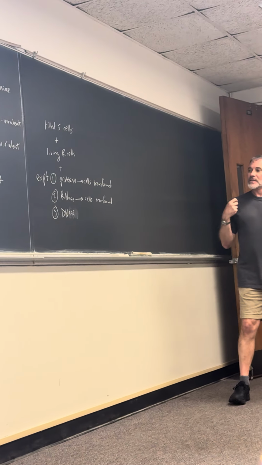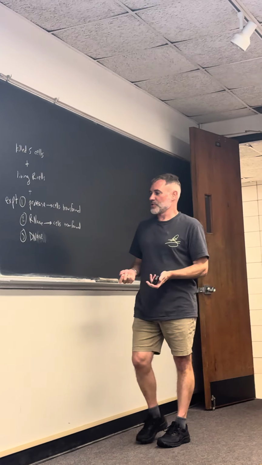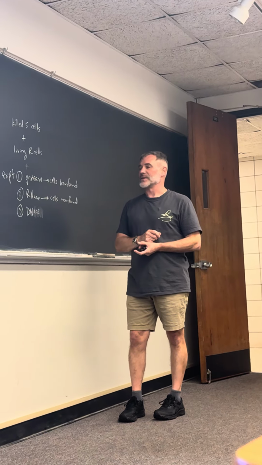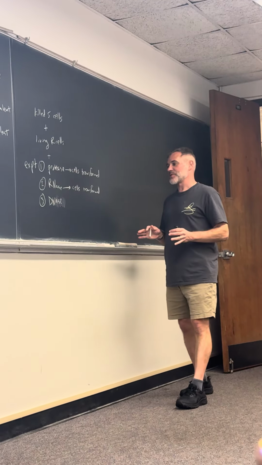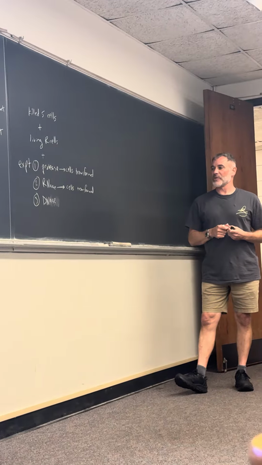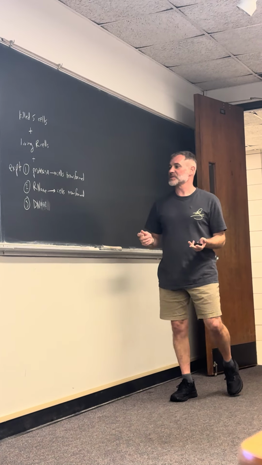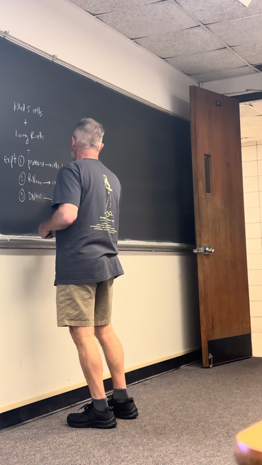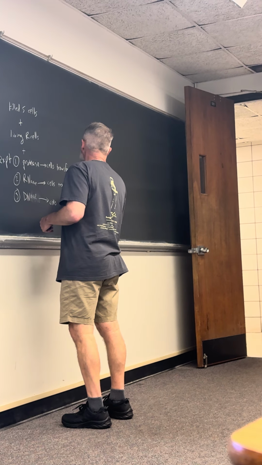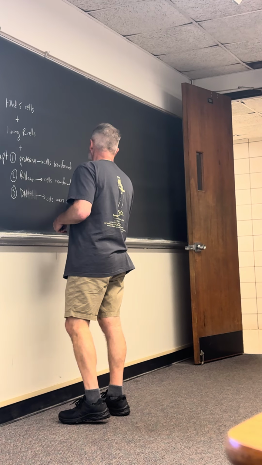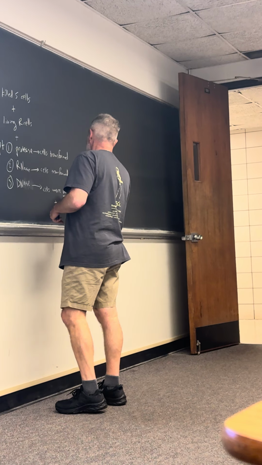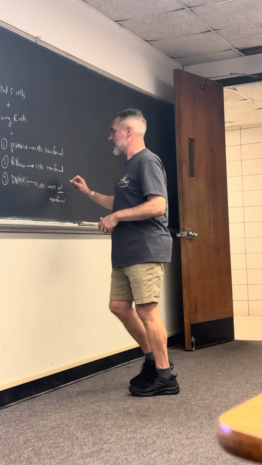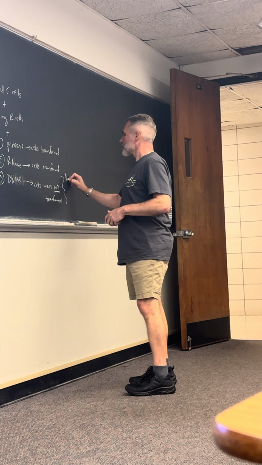If DNA is the hereditary agent and you degrade the DNA, nothing should happen to the cells. And we know that DNA is the hereditary agent. So when you degrade it, the cells were not transformed. So the conclusion of this was that DNA was the hereditary agent.